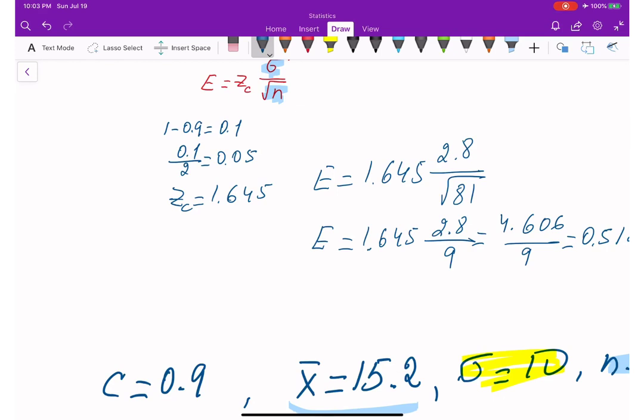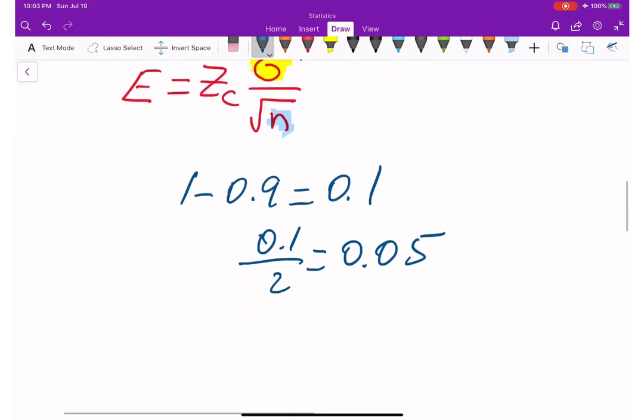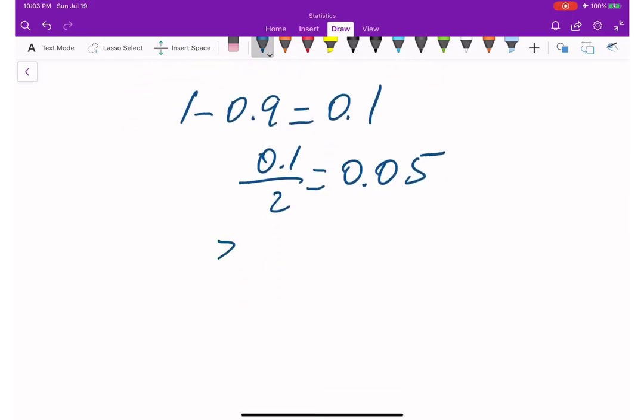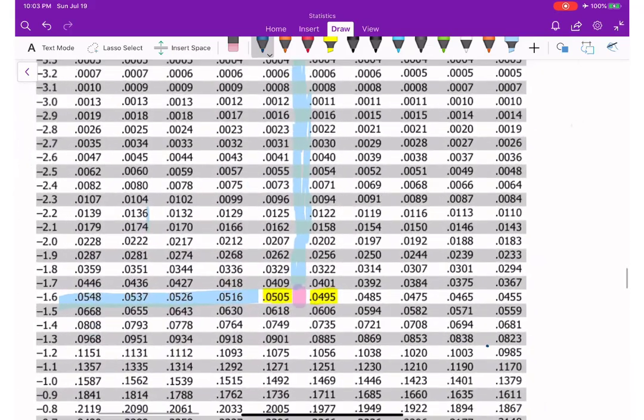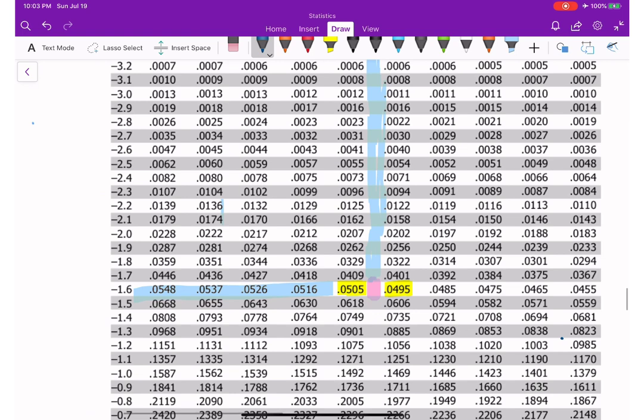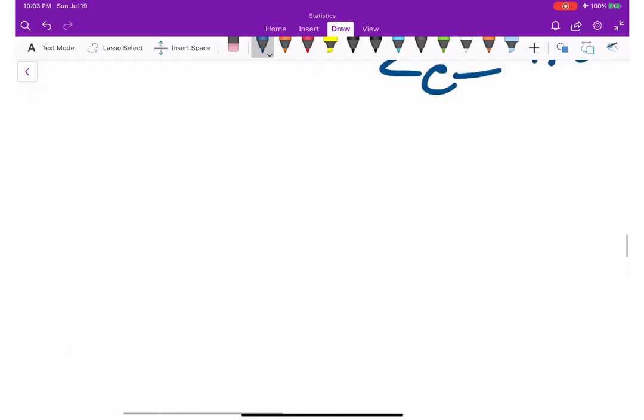Z critical is equal 1.645. And the shading stayed here, 0.05. It's right here, between 0.505 and 0.495. And that's how we got it. Next.